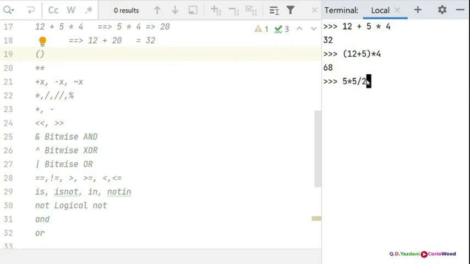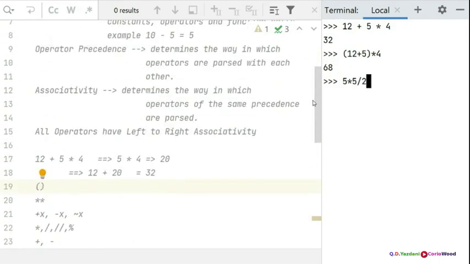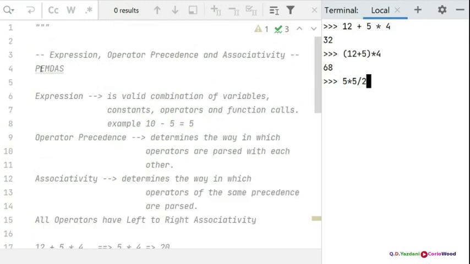What do you think we're going to get? Looking at PEMDAS, we don't have parentheses or exponents in this case. We have a multiplication and then a division, so of course the multiplication takes precedence over the division.